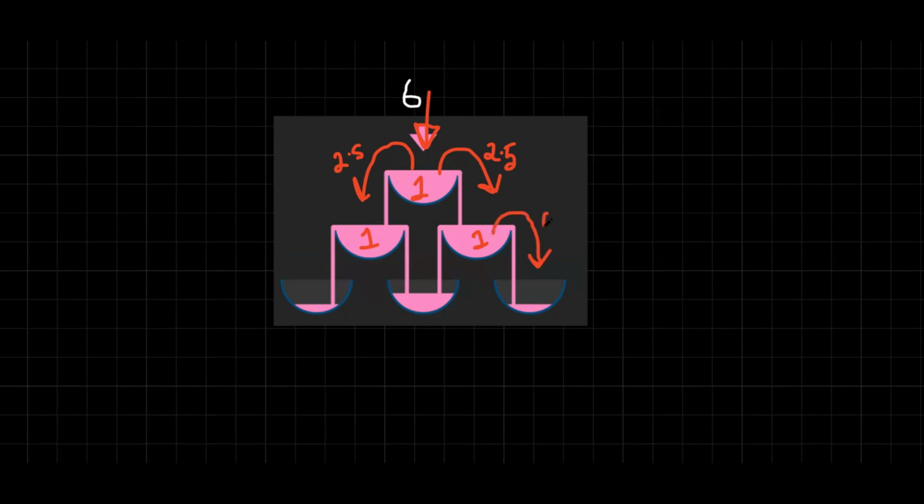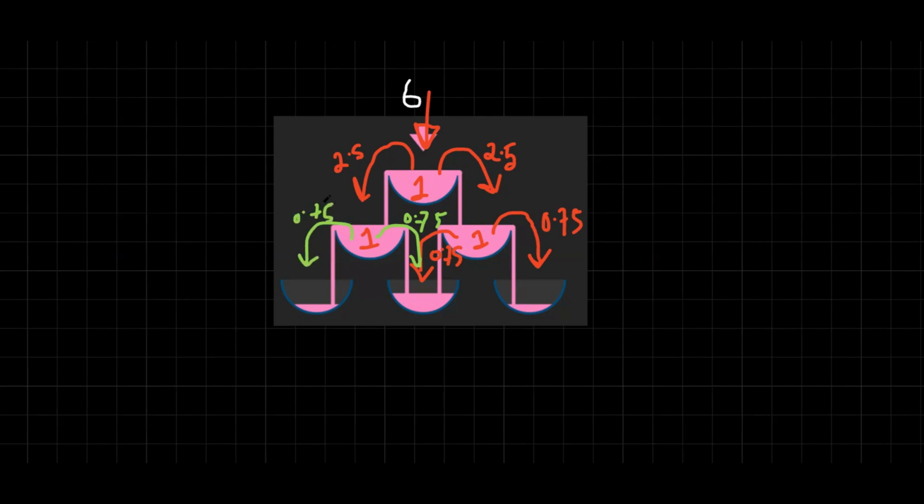Now here, 0.75 units of champagne will be poured into the left glass, and 0.75 units of champagne will be poured into the right glass. Similarly, for this left glass, 0.75 units of champagne will be poured into both the left and the right glass.